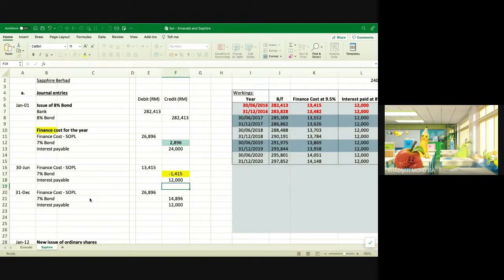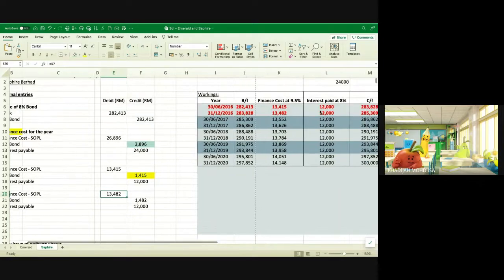So this one is plus this minus, so that's the balancing figure. Similarly, if I were to have this 12,000, here would be 13,482. That's from the computation of the amortized table. So this would be the balancing figure.